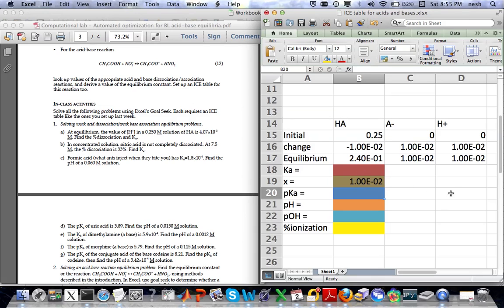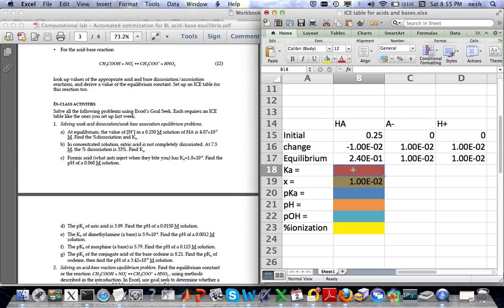So now before we go on to the goal seek, which has to do with figuring out the percentage of dissociation and so forth, I may as well set up equations for the rest of this, and you should too.